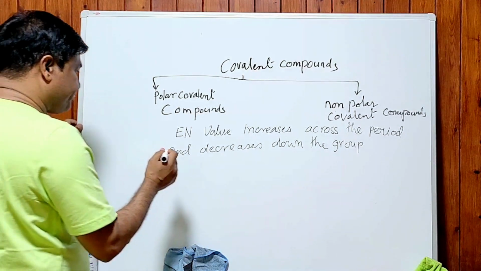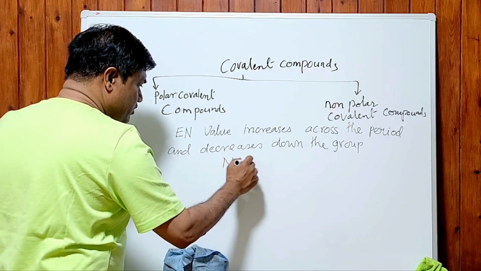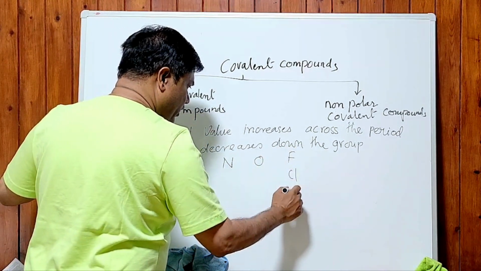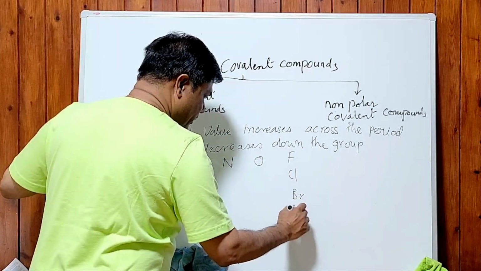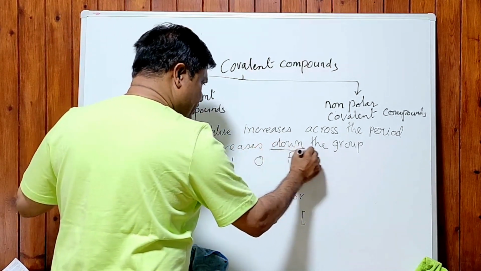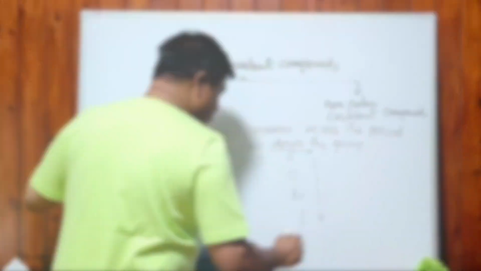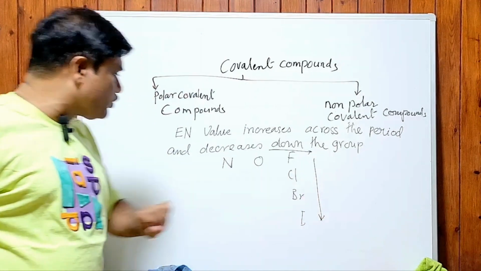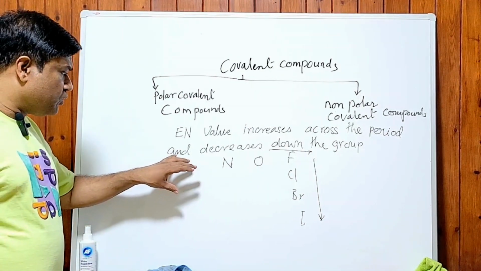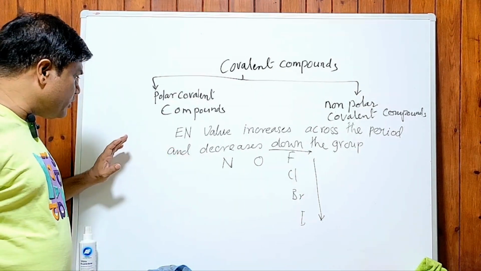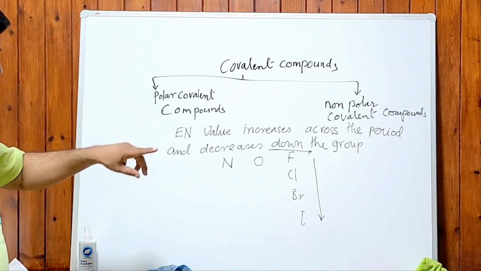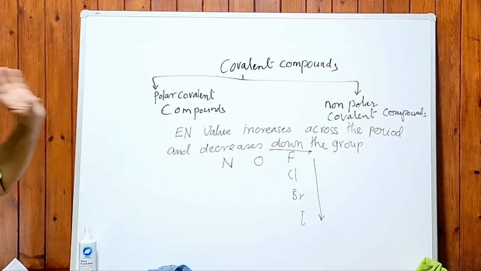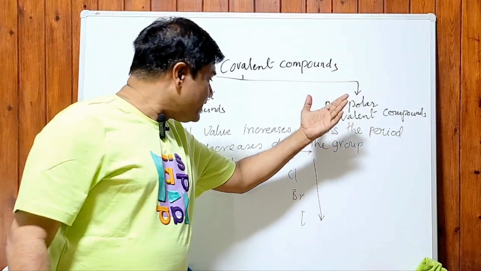Now, look at that: nitrogen, oxygen, fluorine, chlorine, bromine, iodine. So the electronegativity value increases like this across the period and decreases down the group.